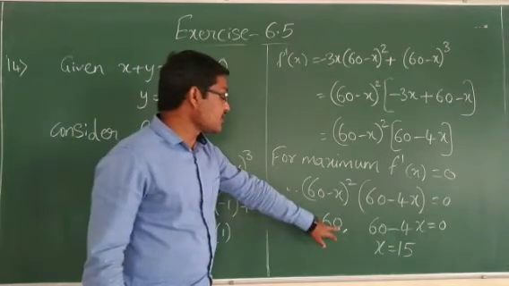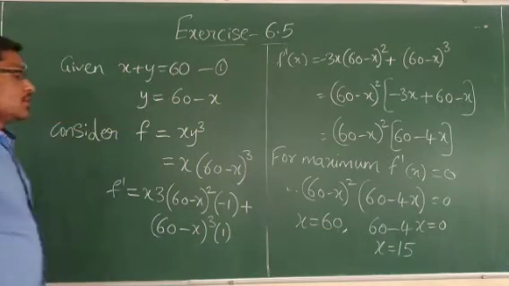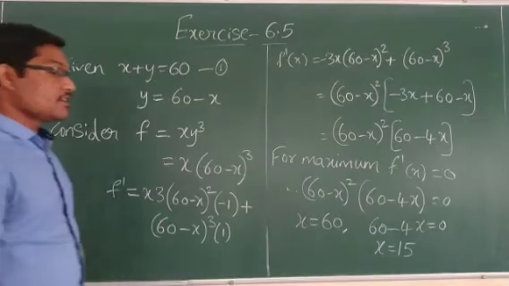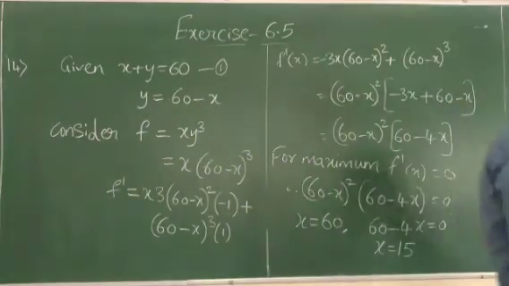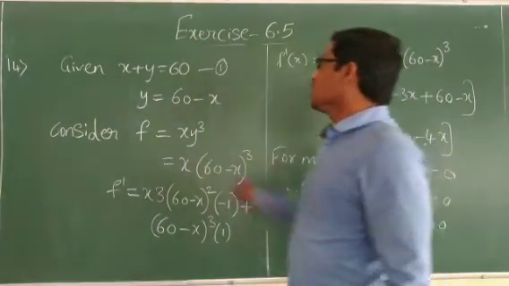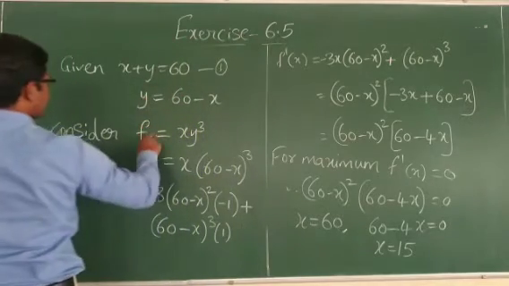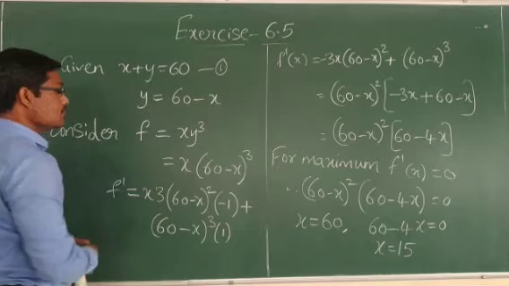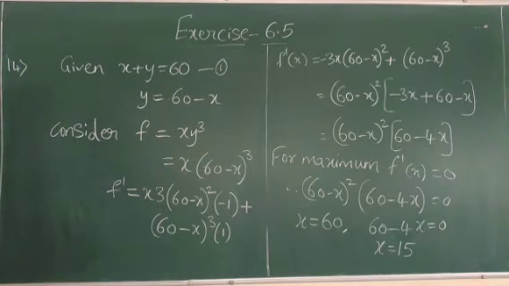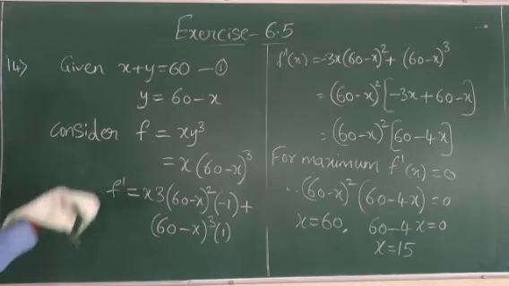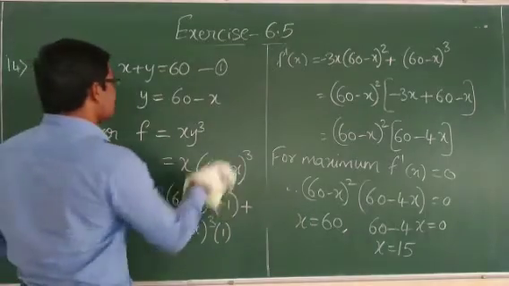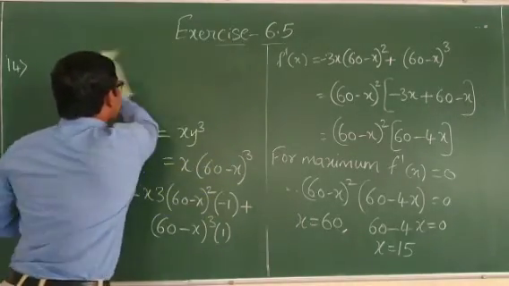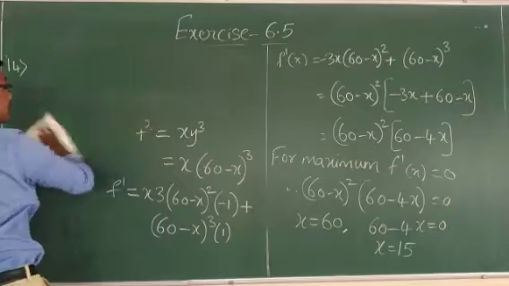So x equal to 60 is not possible, because if you take x equal to 60, then y will be equal to 0. If y is equal to 0, this product will become 0. Therefore, we do not consider x equal to 60. We take x equal to only 15.